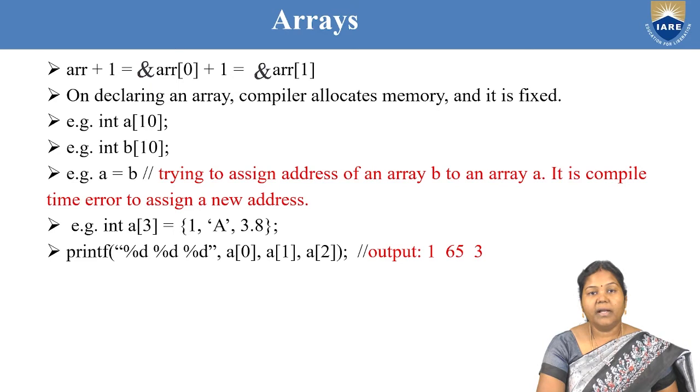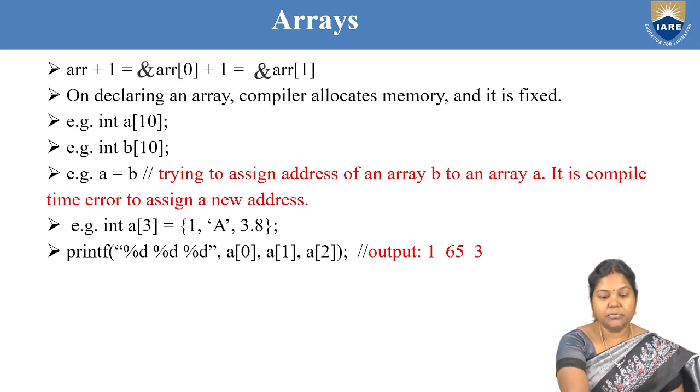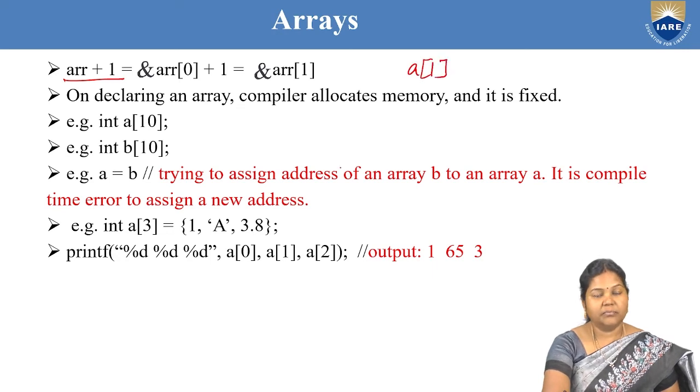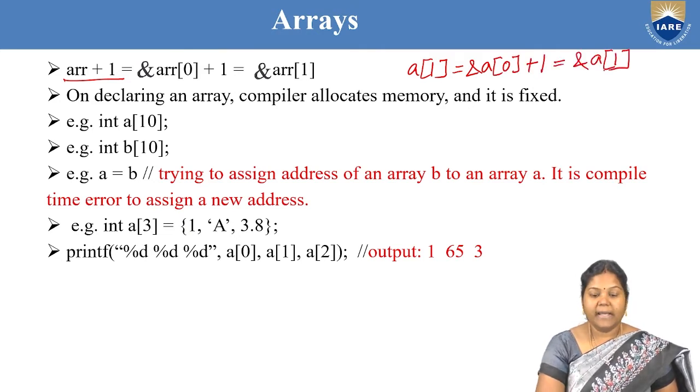Similarly, if you want to find out the address of the next element, suppose a plus 1, which is nothing but the address of a of 1. It is the address of a of 0 plus 1, which will give you the address of a of 1.